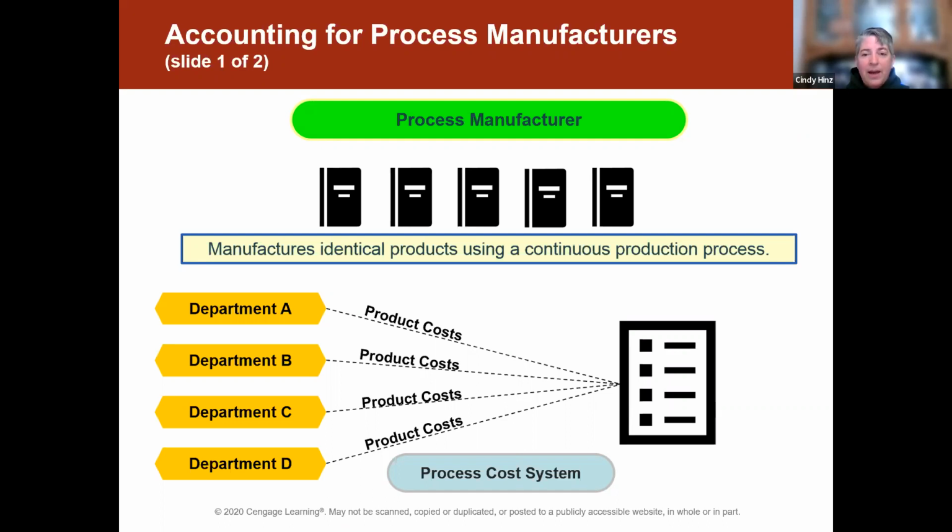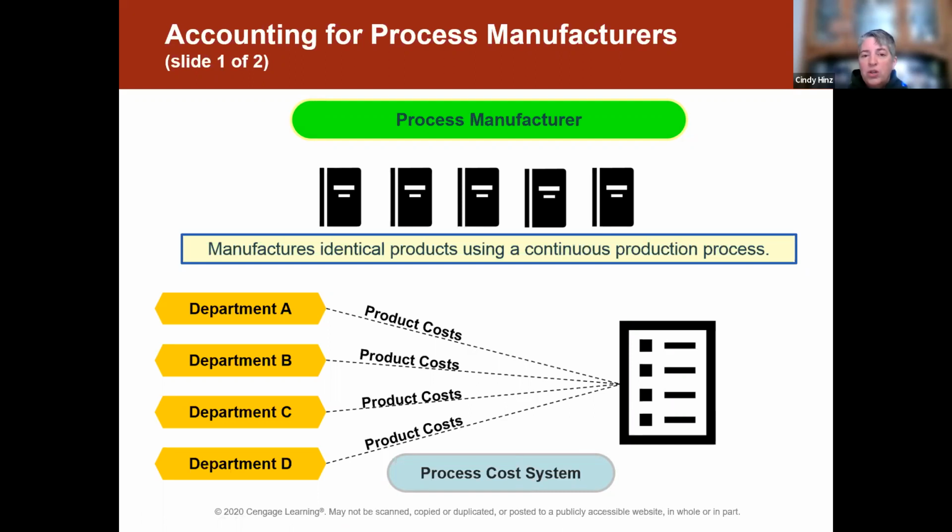In addition to that, it has to make sense for them to want to know costs of a specific product or batch of products. So companies would use process costing instead if either they do not have a clearly defined beginning and end to the process, and you can see here on this slide, it refers to a continuous production process. So if it's a continuous production process, there is no beginning or end to the process.